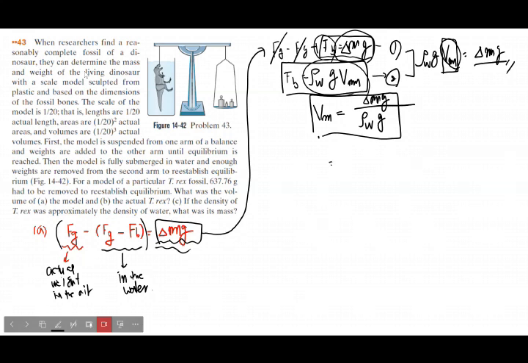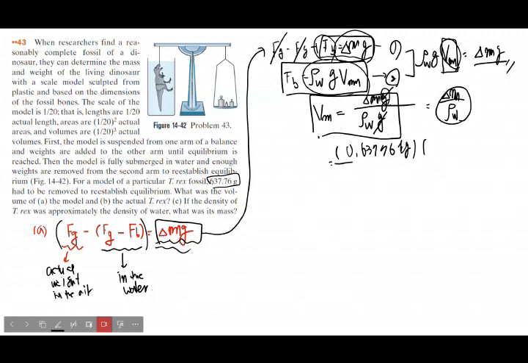Delta mg is 637.76 grams, which is 0.63776 kilogram. Actually, this g cancels out of the denominator and numerator, so all you have is the mass difference divided by the density of water.